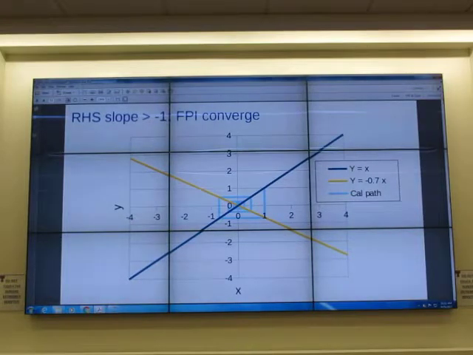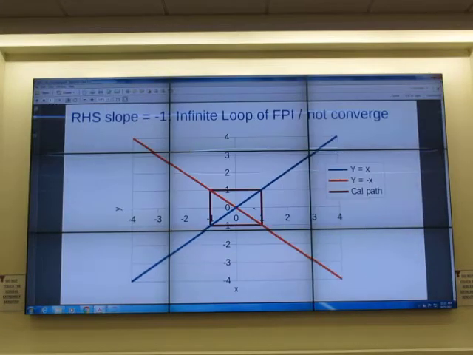If the slope is more than -1, less steep, gradually decreasing, when you keep moving it goes to the cross point. So basically you need to know that fixed point iteration doesn't always converge. Sometimes it just moves around and doesn't go anywhere, and sometimes it diverges. For the case where it's moving around, your new answer fluctuates between these two values, but you don't get the right answer.